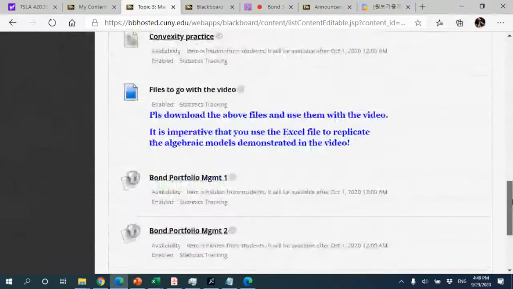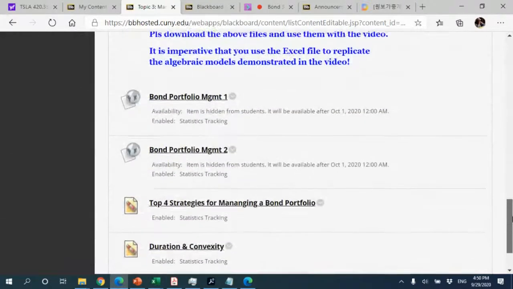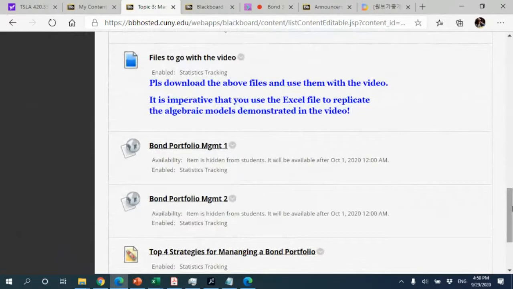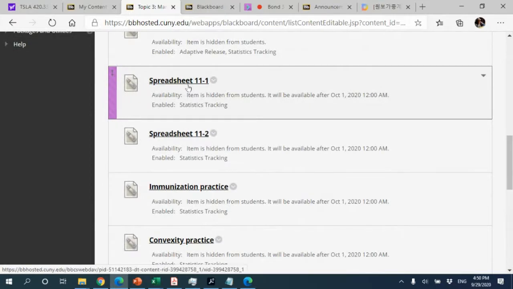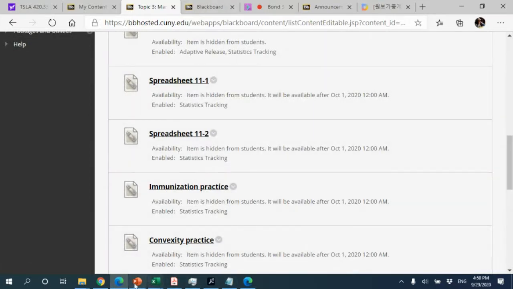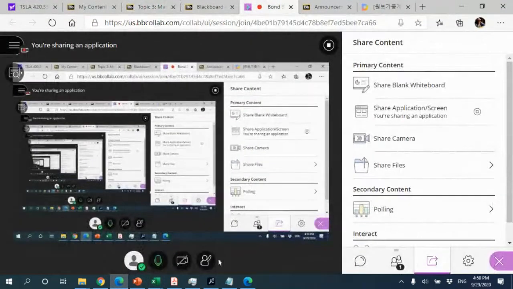These files are not visible to you at this time, but on October 1st, it will be. There's spreadsheet 11-1, so if you download it, and then, okay, let me switch. Okay, there you go.